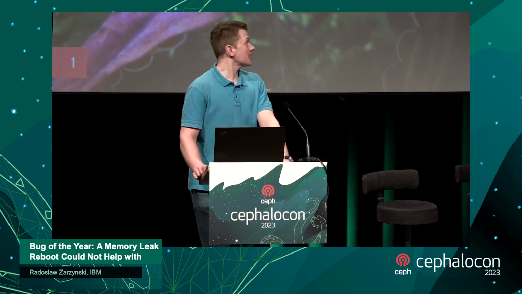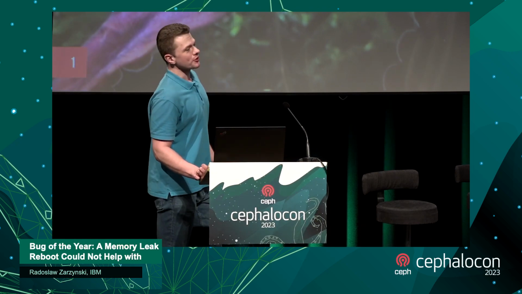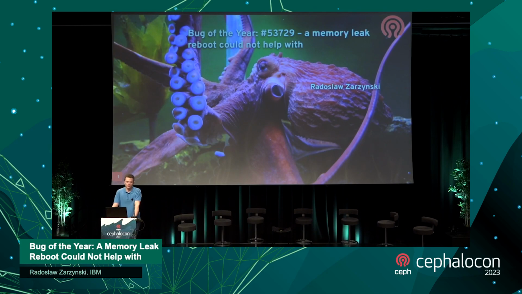A memory leak a reboot could not help with. And this immunity to restart is just one of a few superpowers this tiny little bug exposes.